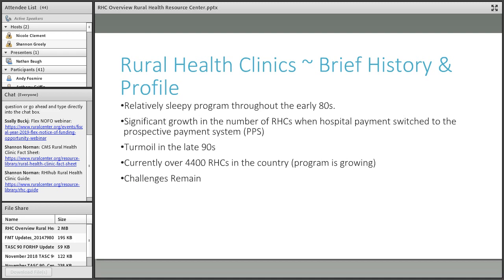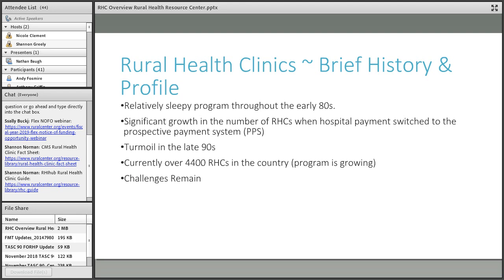I think what he's saying here is applicable to a lot of safety net providers, whether it's CAHs or FQHCs, although FQHCs were created later. I do believe rural health clinics were one of the first safety net entities created by the federal government. I'm going to go over a brief history and profile what has happened since 1977.